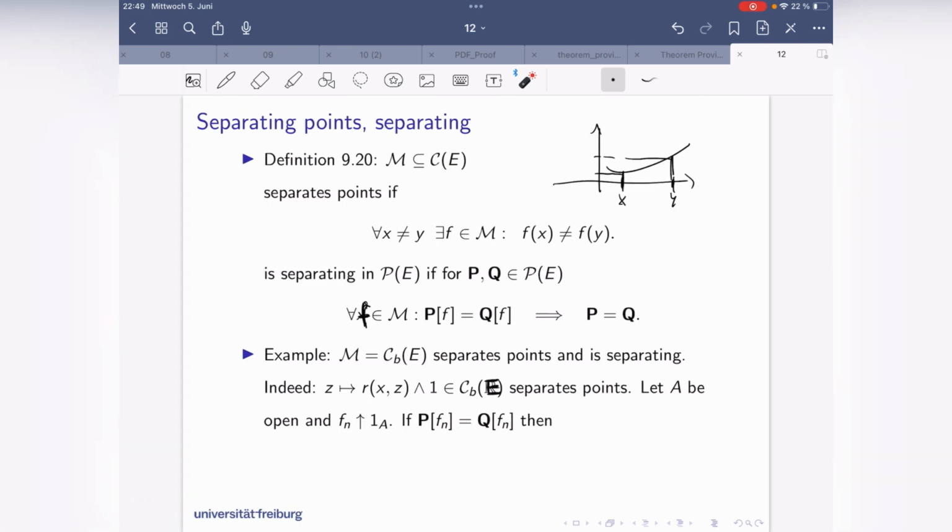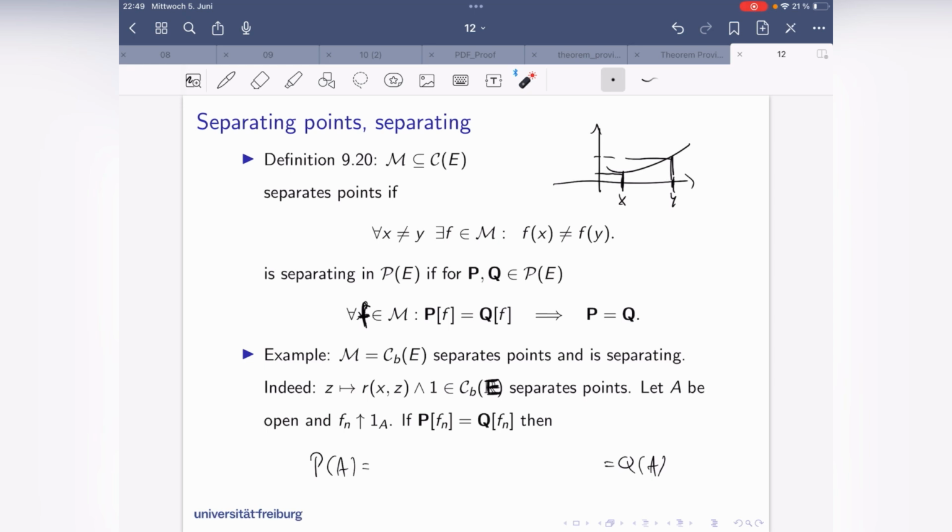On the other hand, it's also separating. How do we do this? We need to see that P of A equals Q of A for all open sets, for example, because the set of all open sets is a pi system.